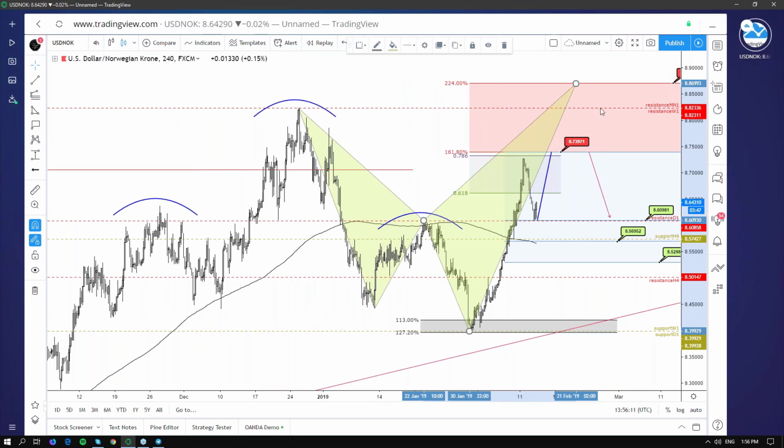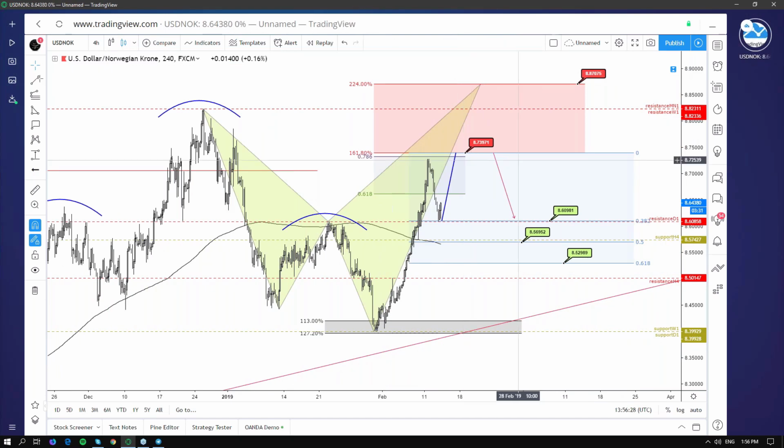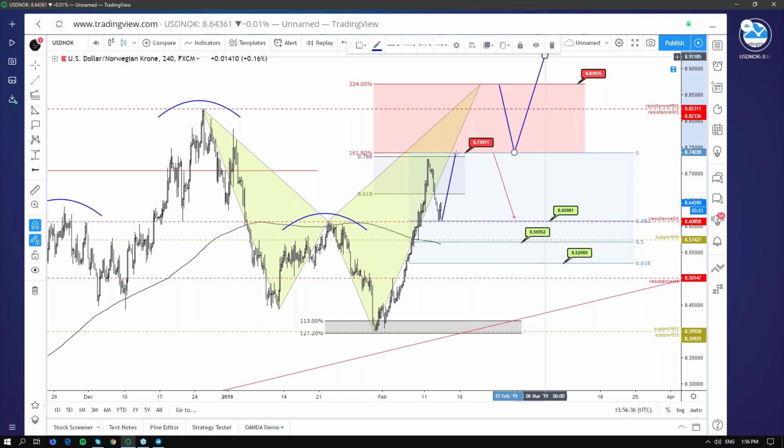This is the limit for bears to remain in a bearish momentum here. Trading above these highs, the market can complete this pattern above the 224 extension and print some relief. The shark, as usual, will offer a relief and then a new bounce with the completion point of the bullish 5-0 pattern.